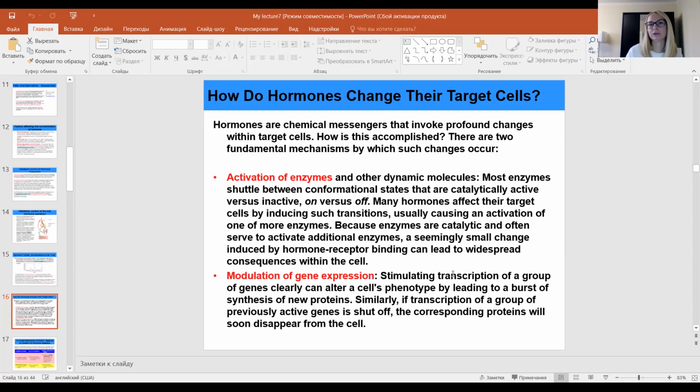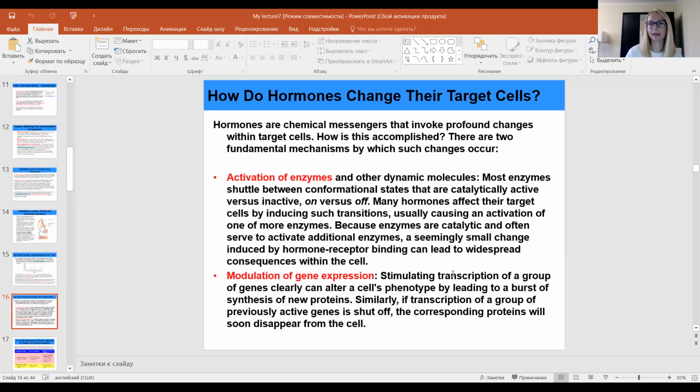So how do hormones change the target cells? Hormones, as I said previously, are chemical messengers that invoke profound changes within target cells. It can be accomplished in two ways. First one is activation of enzymes and other dynamic molecules. Most enzymes shuttle between conformational states that are catalytically active versus inactive.